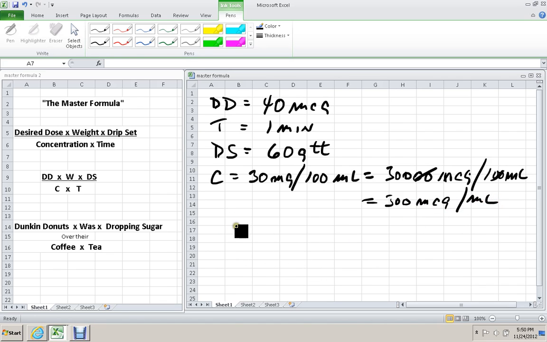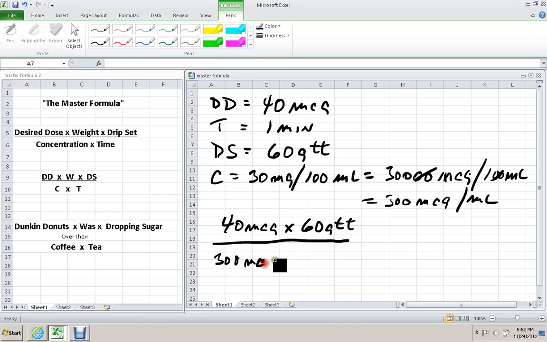If we put all this in the formula, we have the desired dose is 40 micrograms times the 60 drop set divided by the, let's see, we have 300 micrograms per ml times 1 minute.